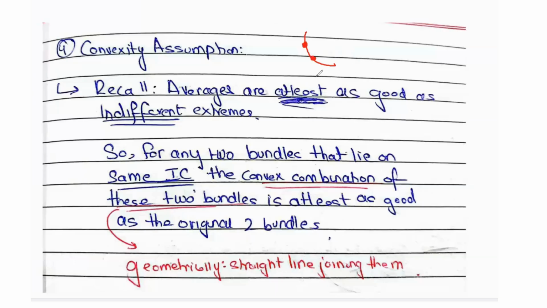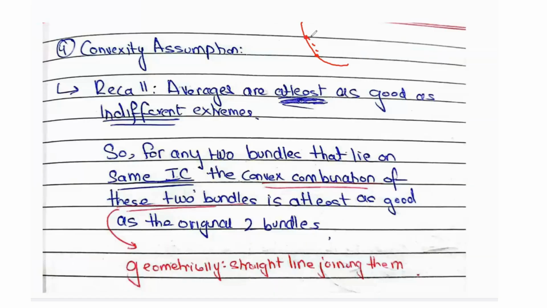Now geometrically, we can represent the weighted average of these two bundles, which we can also call the convex combination of these two bundles, as a straight line joining them. This line joining them represents geometrically any weighted average or convex combination of these two bundles.